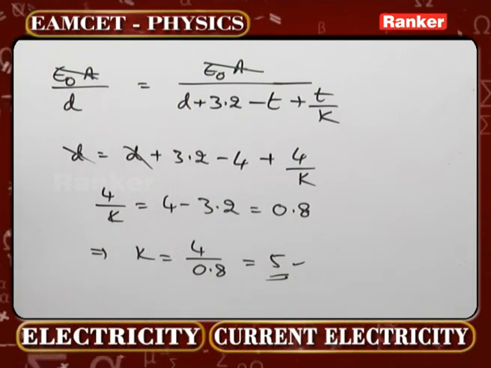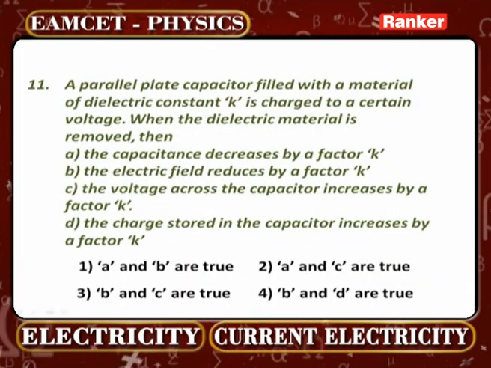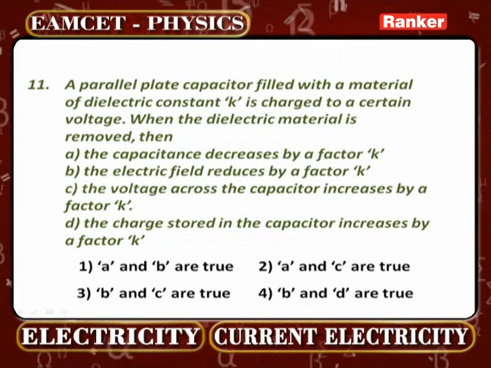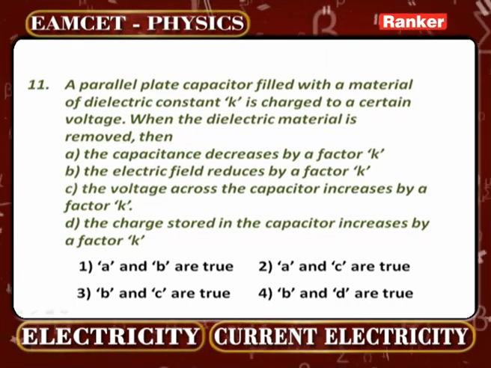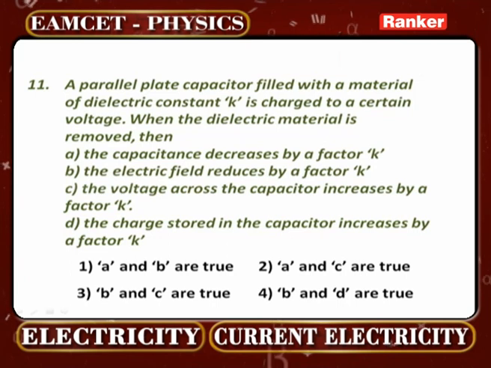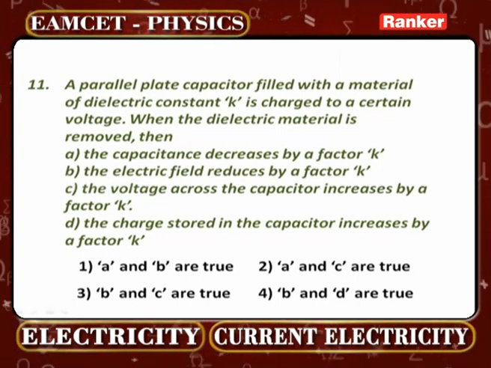Look at the next number, that is problem 11. A parallel plate capacitor filled with a material of dielectric constant K is charged to a certain voltage. When the dielectric material is removed, then what happens? Identify very easily, you can identify this one. When dielectric is removed, automatically capacity decreases K times. That means what?